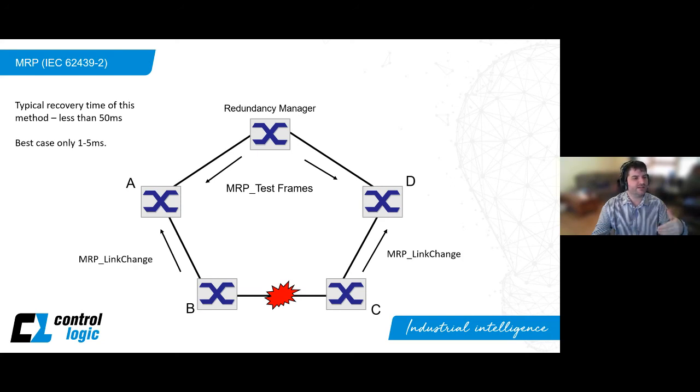The MRP standard doesn't say you have to support this feature. It's called advanced mode or link down notification, depending on the vendor's interpretation, and it's optionally supported in the standard.